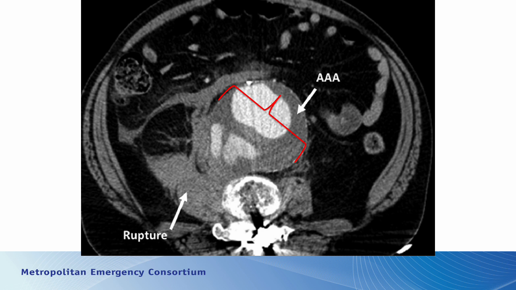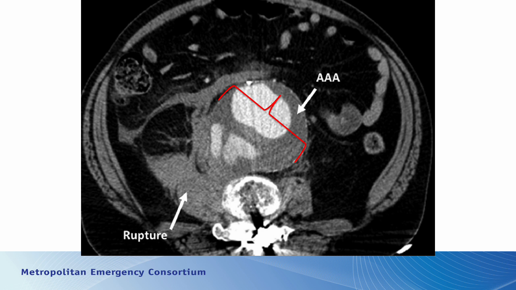That bright white spot in the upper central aorta is contrast. That's supposed to be there. Those white spots to the bottom left of the aorta between 7 and 8 o'clock, that is extravasated dye. That is not supposed to be there. And then you can see that white arrow at the bottom left, that's extravasated blood into the retroperitoneal space secondary to a rupture. So this is a ruptured aortic aneurysm.